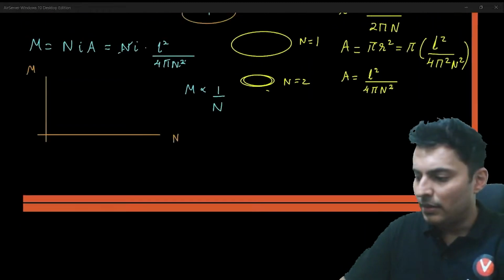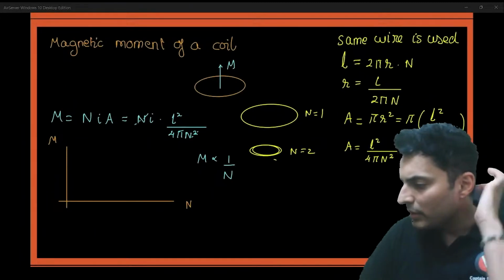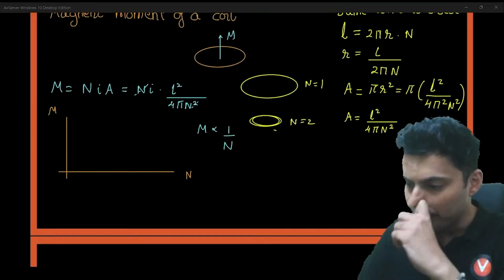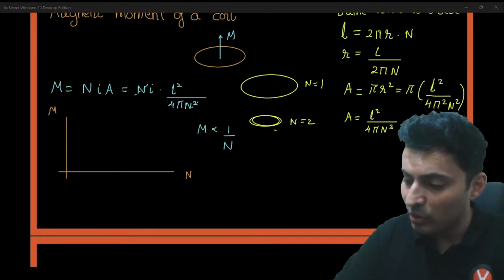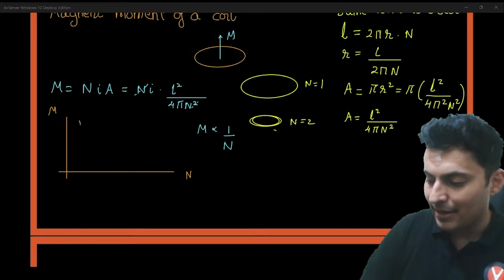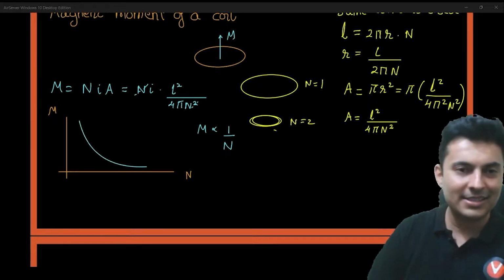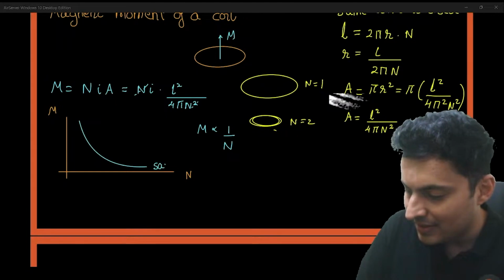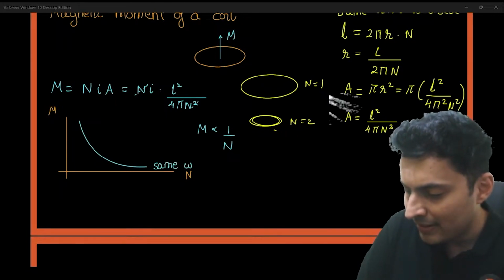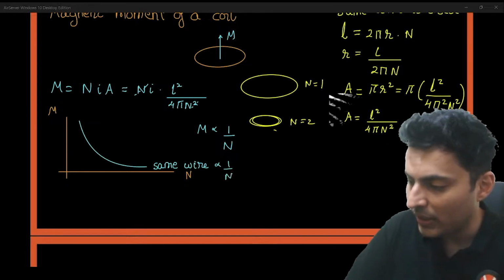Yes. For all the lectures, whatever derivations are required, we'll try to do that. Yes, my dear students, what will happen? It will be inversely proportional. So hence the graph will be something like this. This is for the same wire. For the same wire, it is inversely proportional to n.